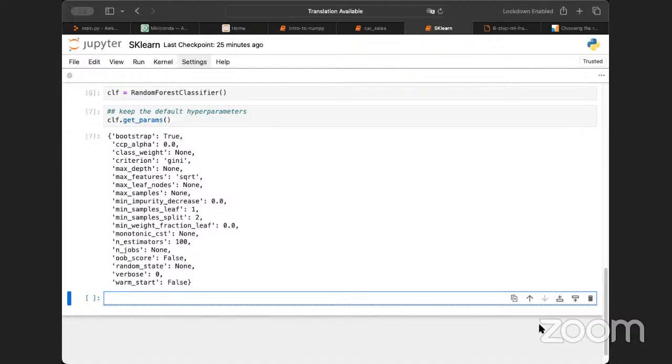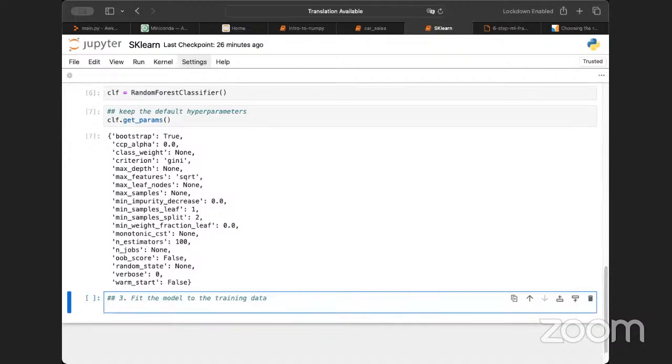Now, finally, what do we need to do? We need to fit the model to the training data, right? And we are saying from Scikit-learn dot model selection import train test split, right?